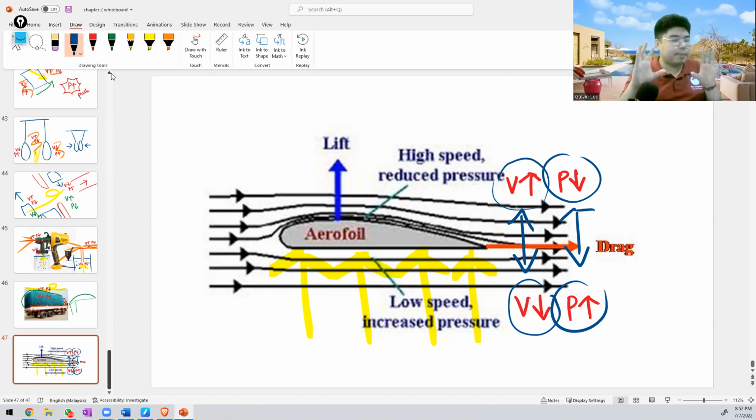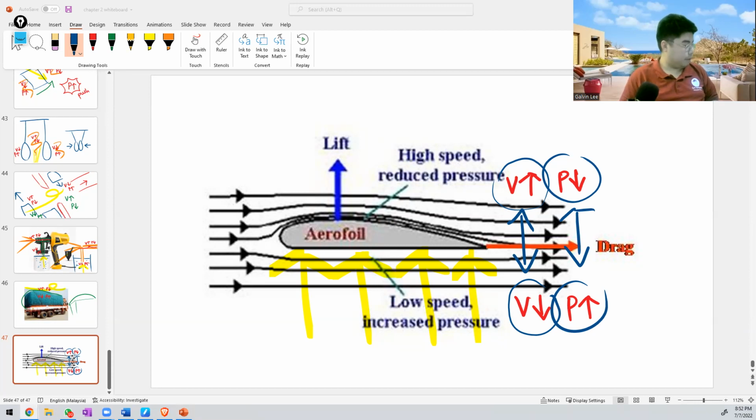Please notice the keywords I'm using. There is still a difference in the speed. There is still a difference in the pressure. The plane will continue gliding until it loses this difference, because once it loses the difference, nothing is lifting the plane anymore. Clear?